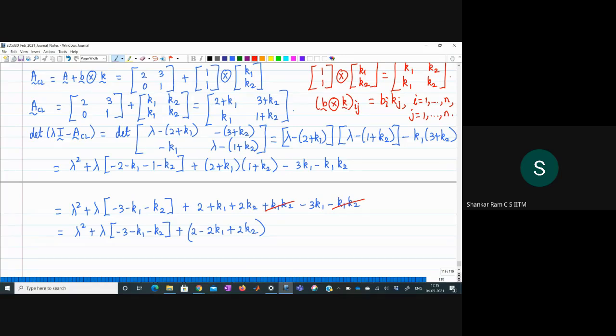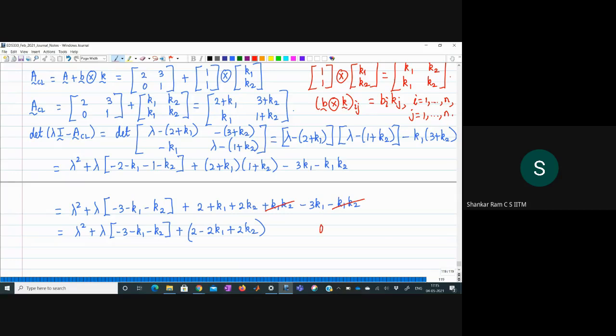So pretty straightforward. We are just expanding the closed loop polynomial, and we are essentially getting the closed loop characteristic polynomial as a second order polynomial.